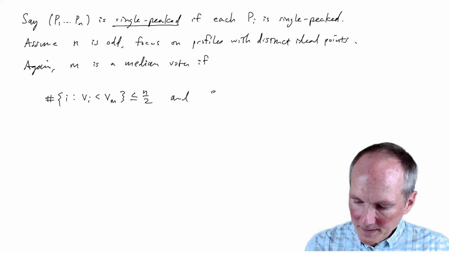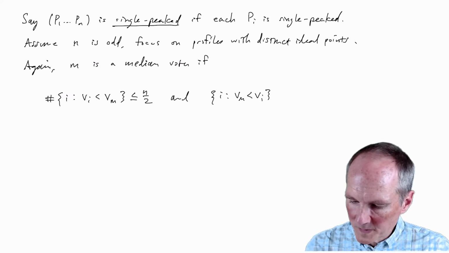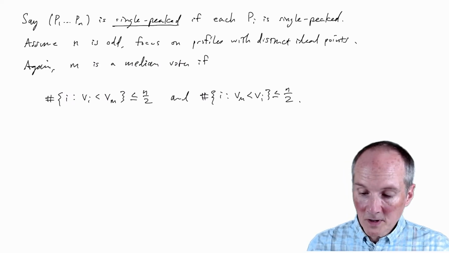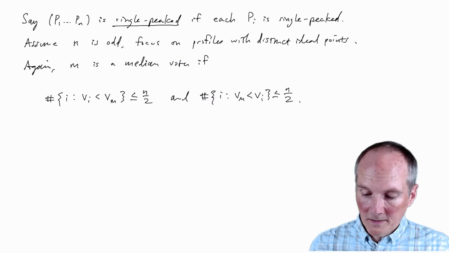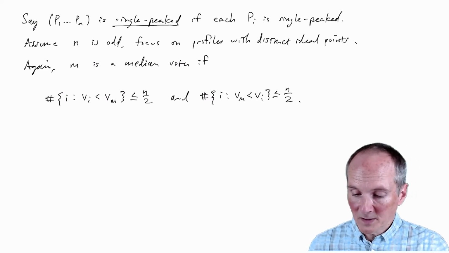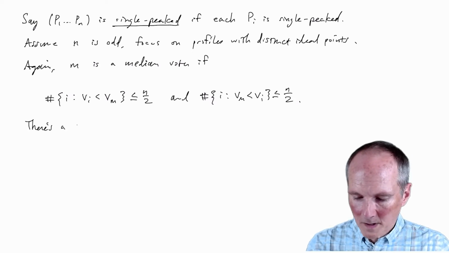And if we look at the set of voters with ideal points to the right, that is also not a majority. Okay? Under our assumptions, if n is odd, if the number of voters is odd, and if they all have distinct ideal points, then there's a unique median voter.